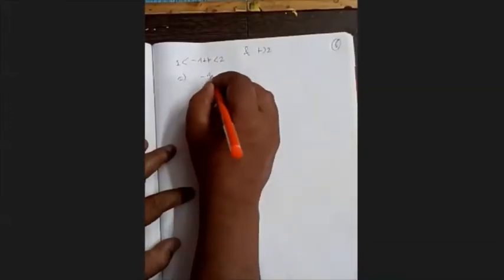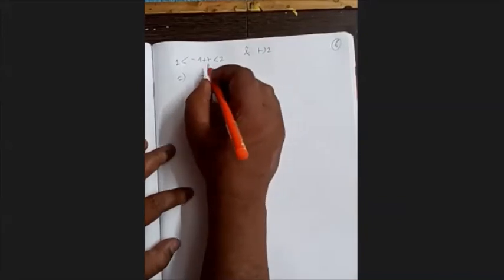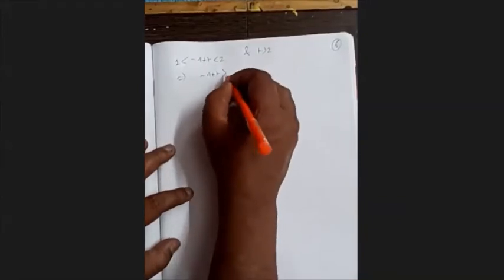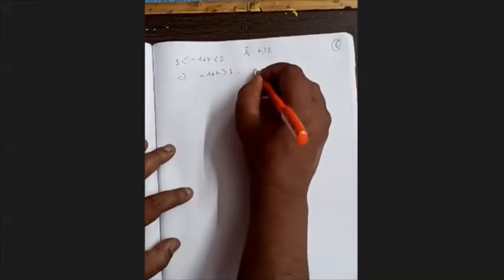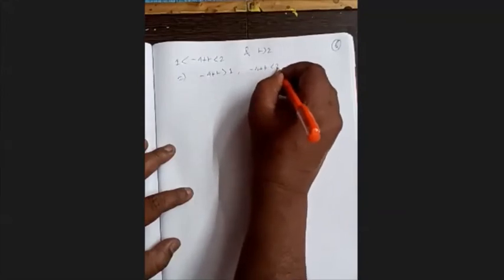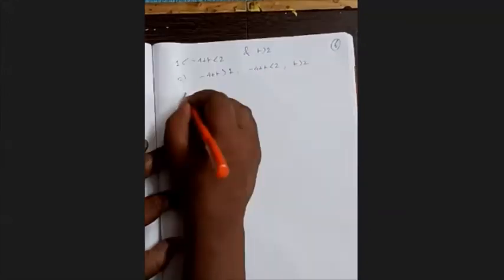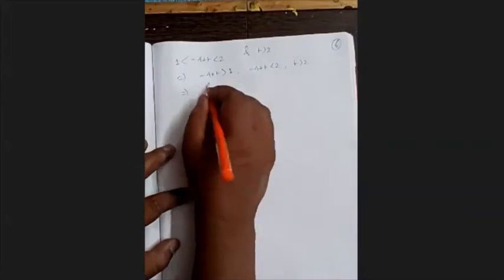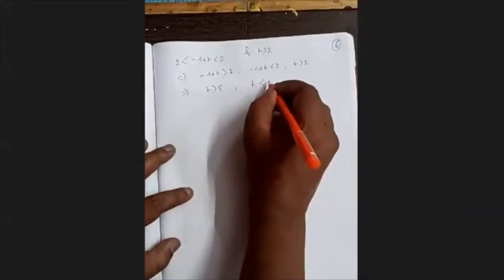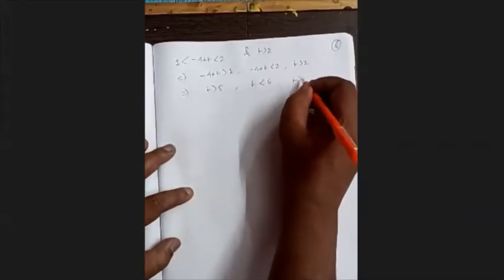So let's identify. Minus 4 plus t is greater than 1. Minus 4 plus t is less than 2. T is greater than 2. From that we get t greater than 5, t less than 6, and t greater than 2.